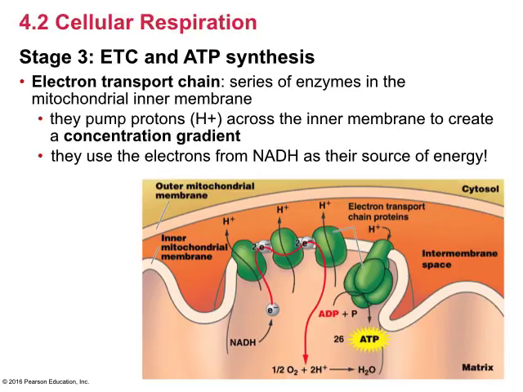So they can only go through a protein channel, and that's that weird looking enzyme on the right. It's a molecular machine, and as the hydrogen ions go through that, it actually powers that ATP synthase enzyme to make ATP. And this is where 90% of the ATP is made, right there. Okay.